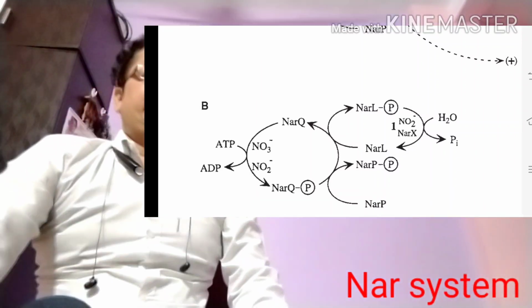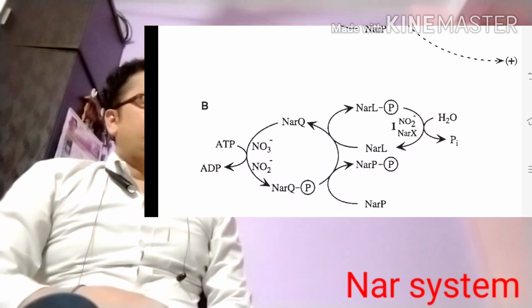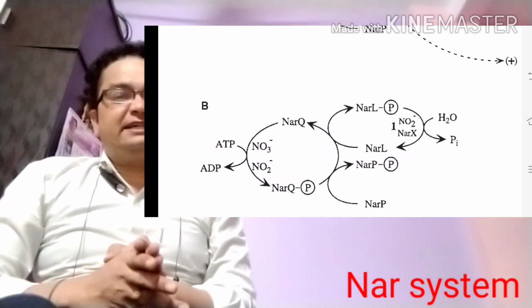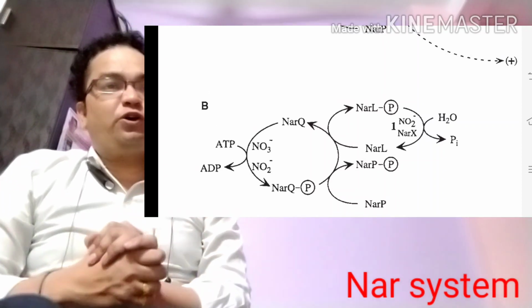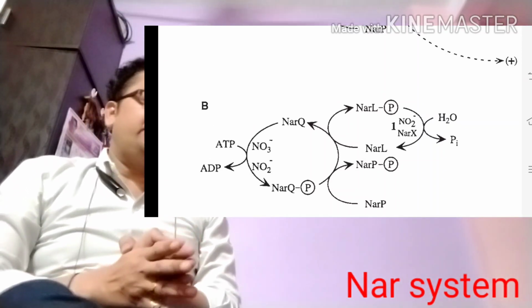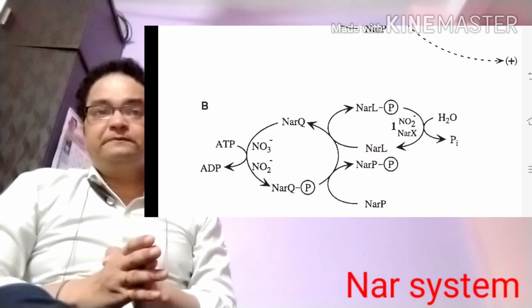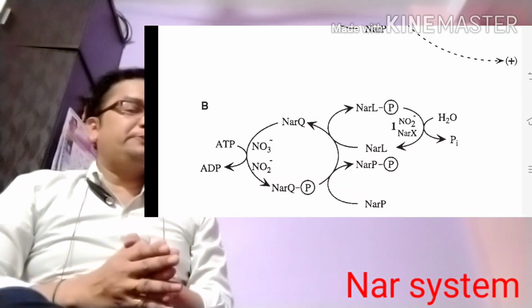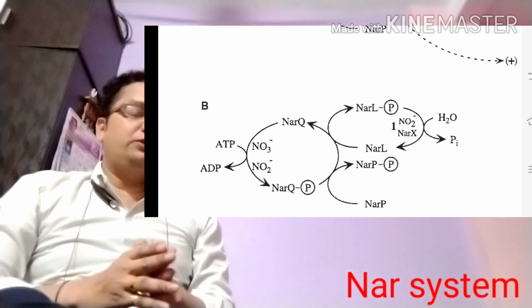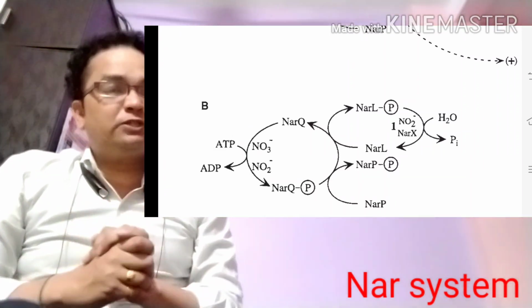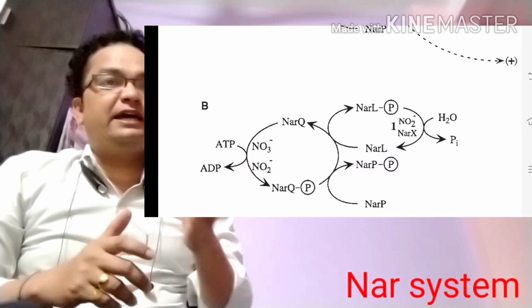When nitrite is available, then nitrite acts as the activator of NAR-Q. So NAR-Q is again a type of histidine kinase, and this NAR-Q gets phosphorylated to NAR-QP, and then it activates the response regulators, NAR-L and NAR-P.